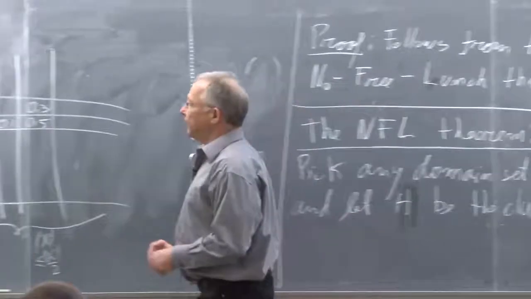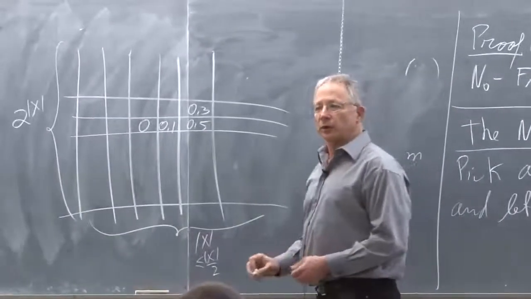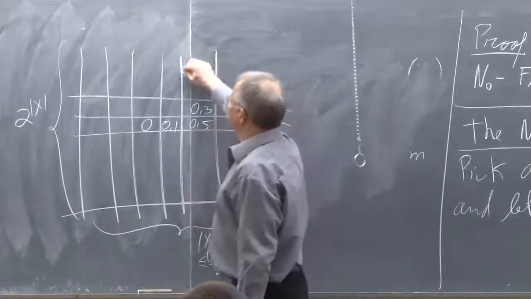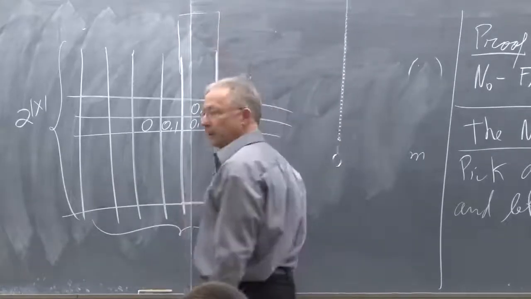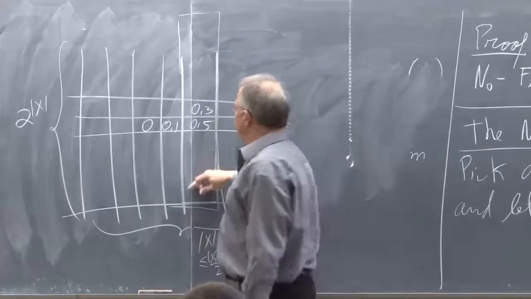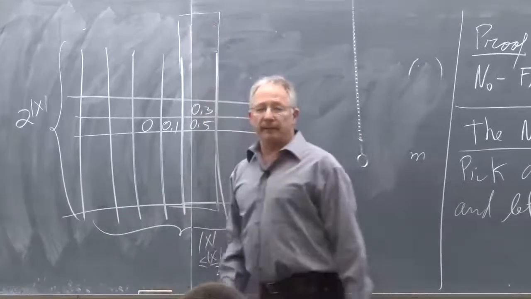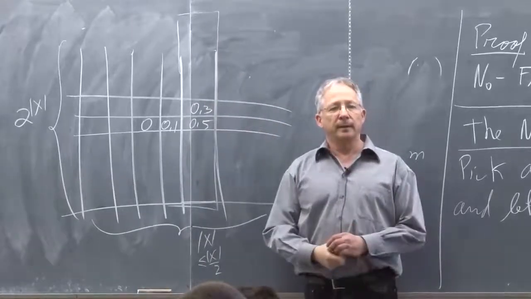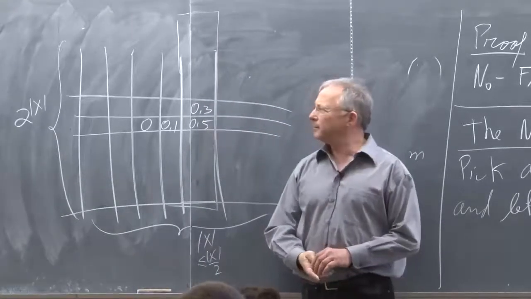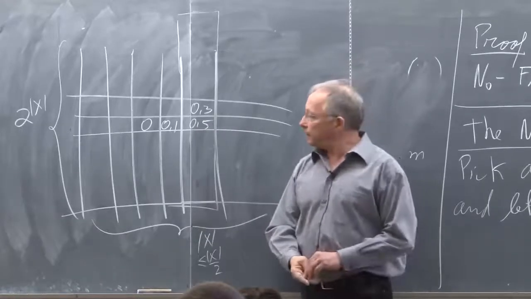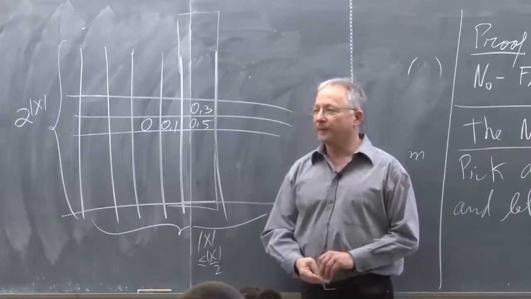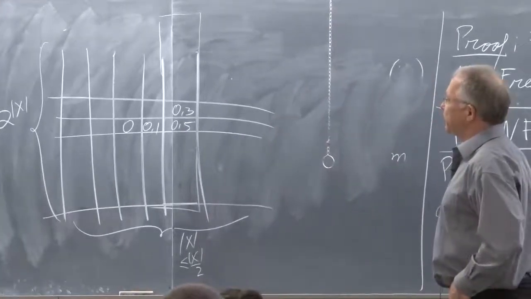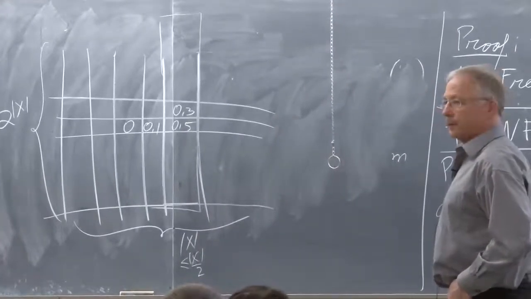Now I look at this table. What I want to check, my next claim, is that for every column of this table, the average of all the numbers of this column is at least how much? The average number of this column is at least a quarter.